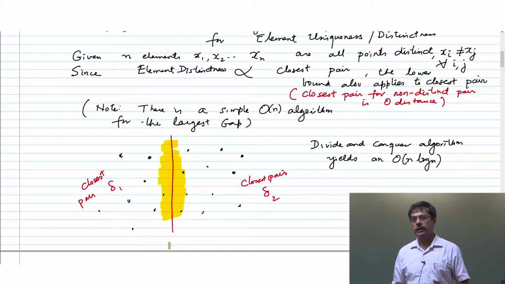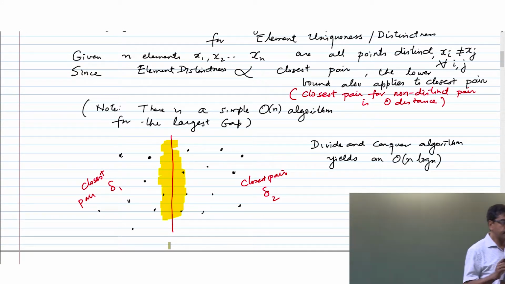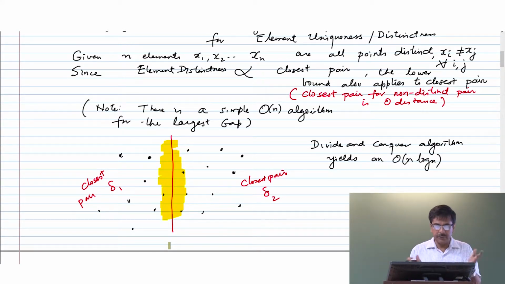Then the merging can happen in order n time, and that yields the n log n algorithm. Some of you are familiar with this and others are not, but you can guess. The tricky part really is how do you merge? How many points across the boundary do you need to compare?